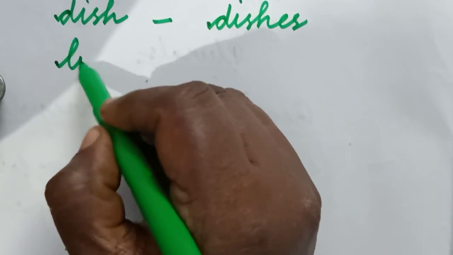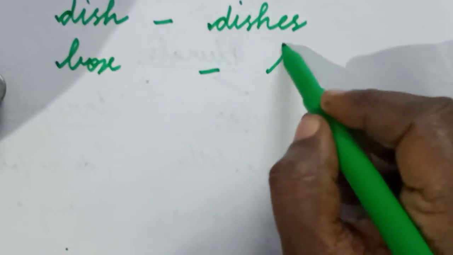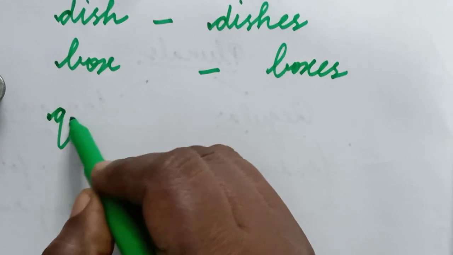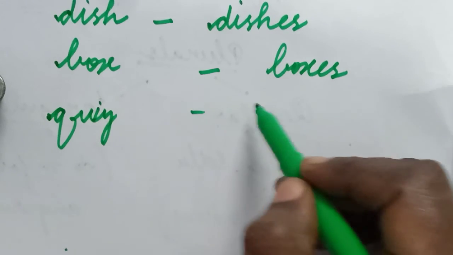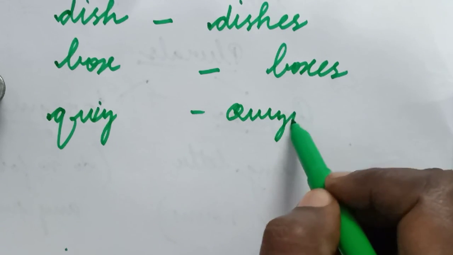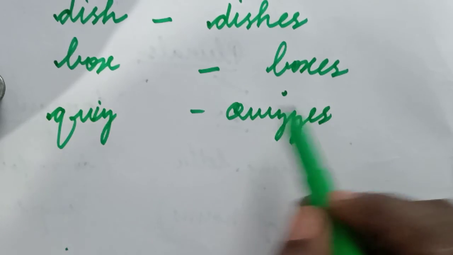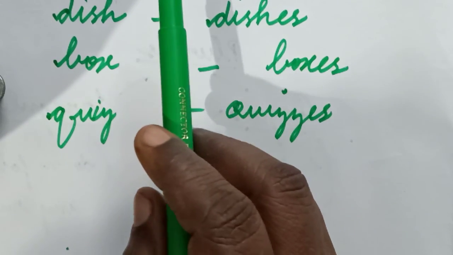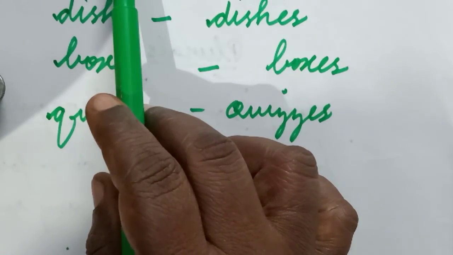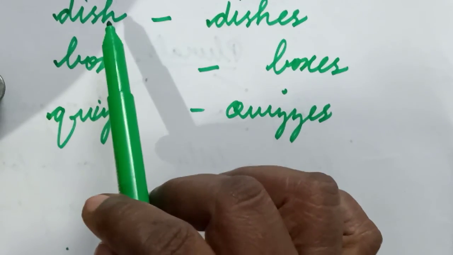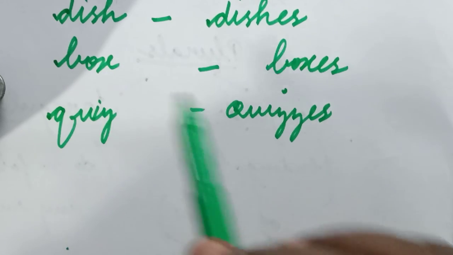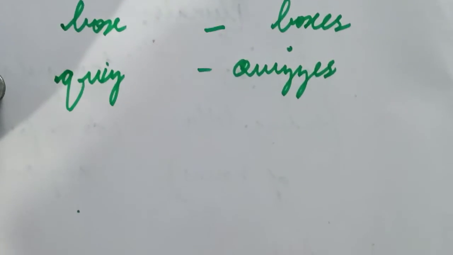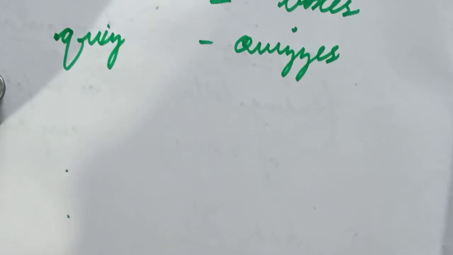Here, box. Boxes. Quiz. Quizzes. So for the ending letters, we are going to add ES for words that end in S, CH, SH, X and Z. This is your second set of rules. Okay. Now your third set of rules.